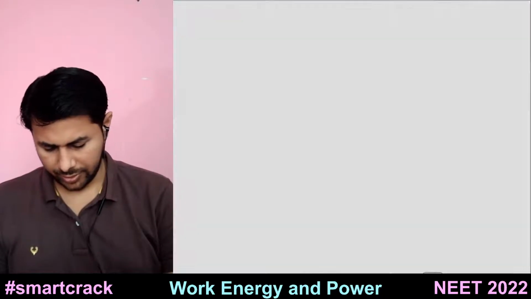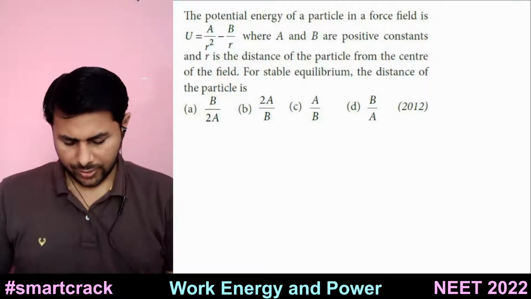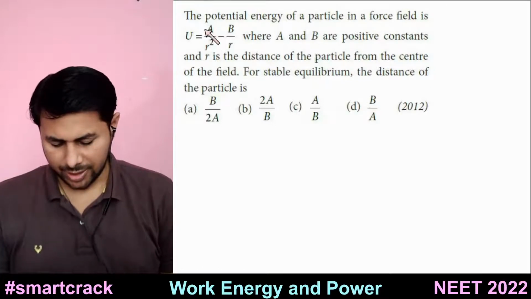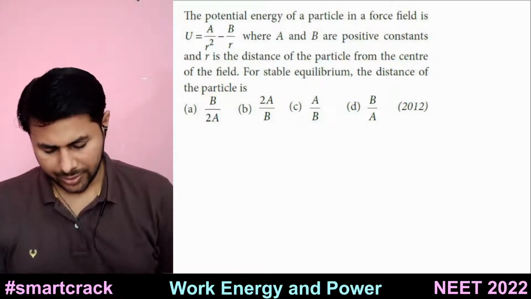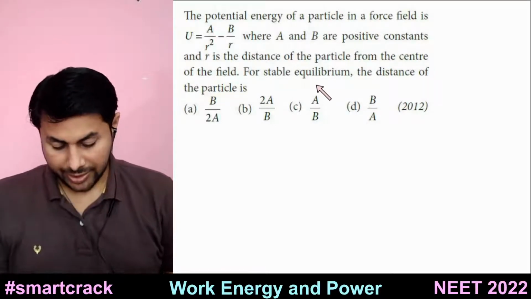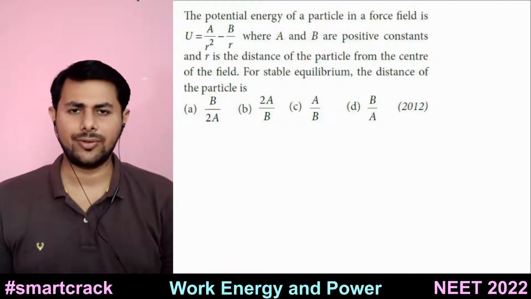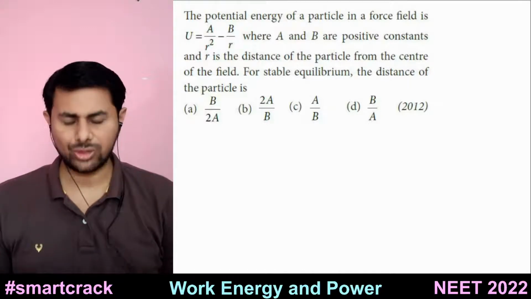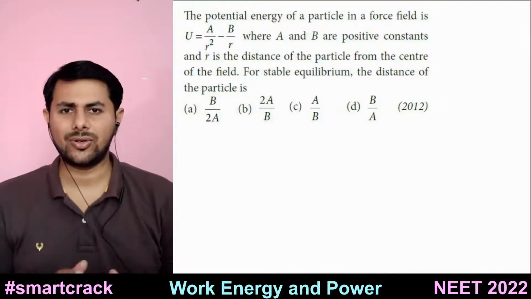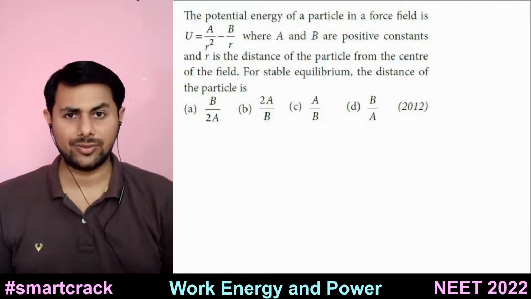The question is: U is given by this formula, and we have to find the distance of the particle for stable equilibrium. What should be the distance of the particle for stable equilibrium? Stable equilibrium means the force acting on the particle should be 0, right?